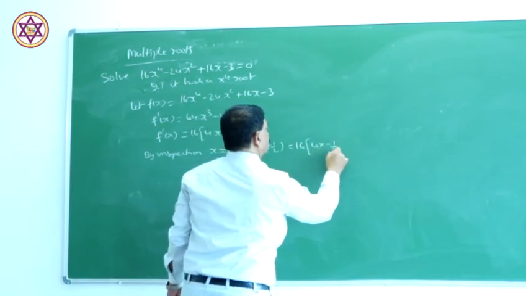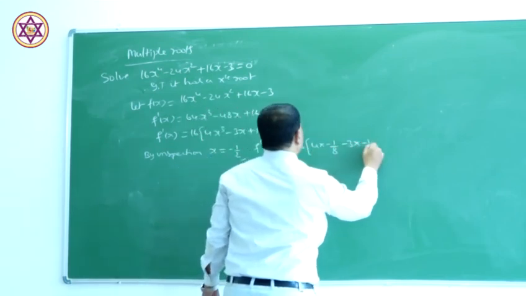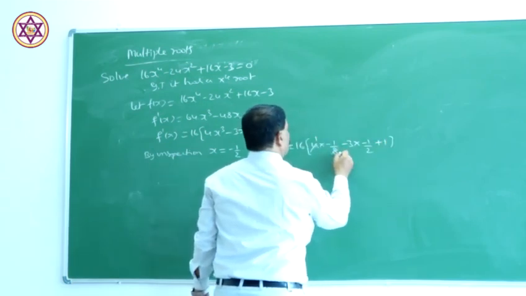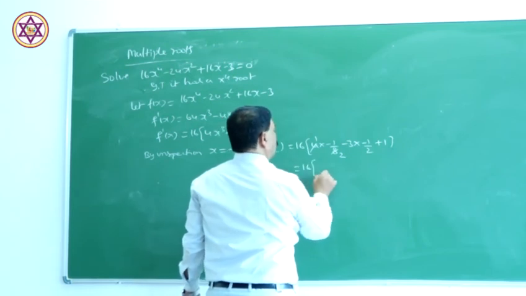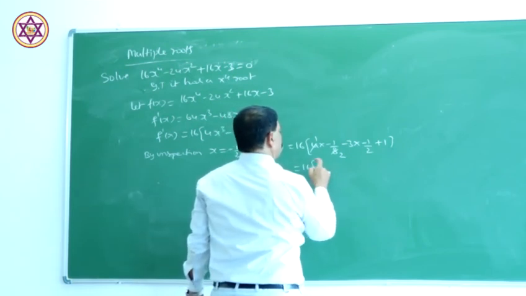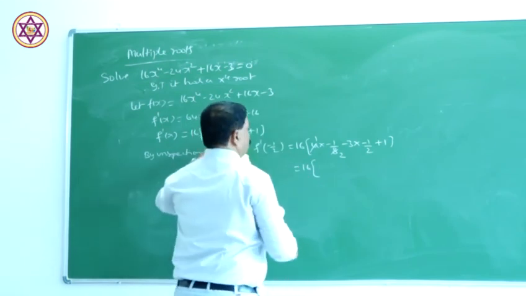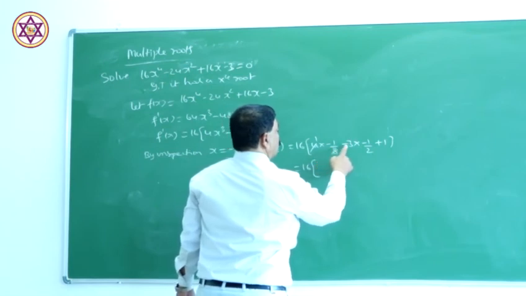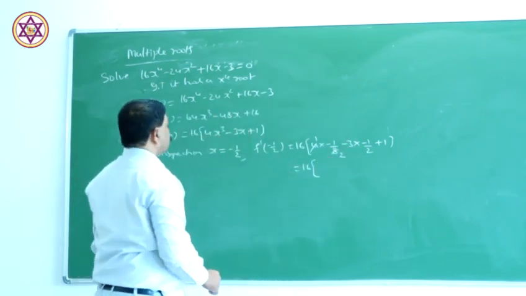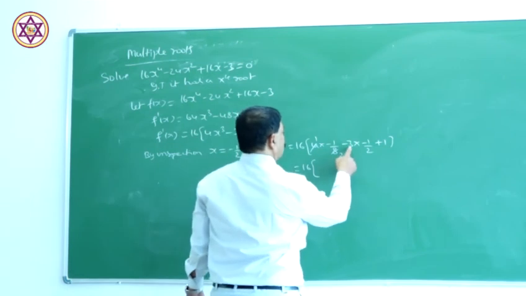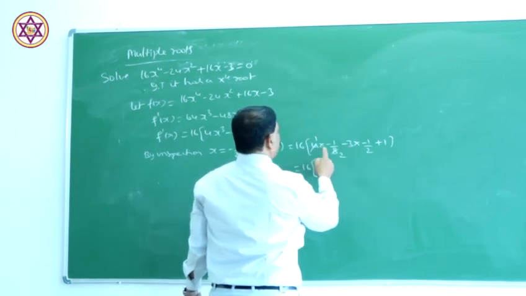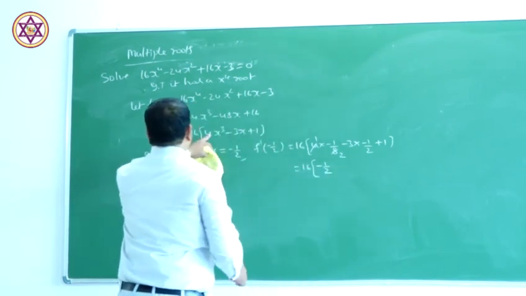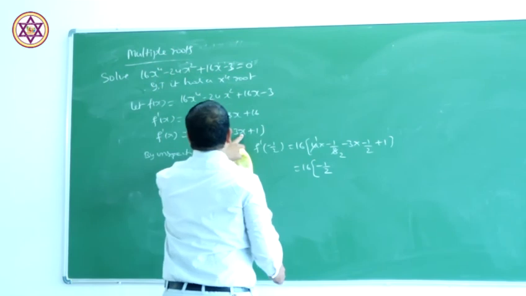So 4 into minus 1 by 8, 3 into minus 1 by 2 plus 1. In this particular case, we get minus 3 by 2 plus 3 by 2, minus 1 by 2 plus 1.